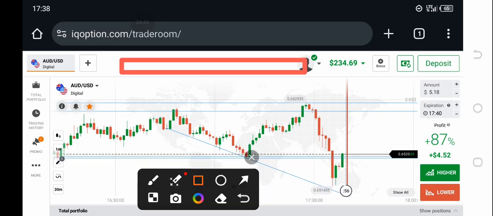Then we saw a strong bullish candle hit the level. And then finally we saw a small bullish candle like that. It may have wicks, it may not have wicks. A spinning top candle, it can be a hammer, it can be an inverted hammer, it can be a hanging man.